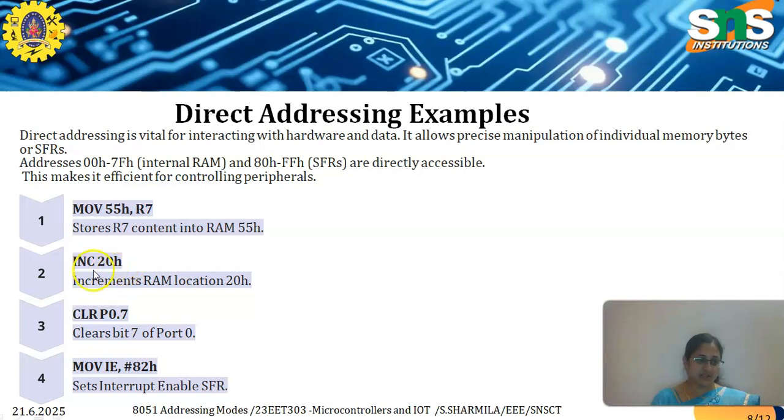CLR P0.7 clears bit 7 in port 0; CLR means clear bit. MOV IE, #82H: IE is the interrupt enable register, so we set the interrupt enable bits in the SFR using 82H.